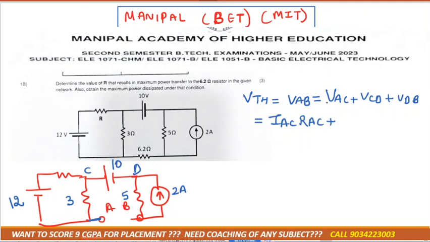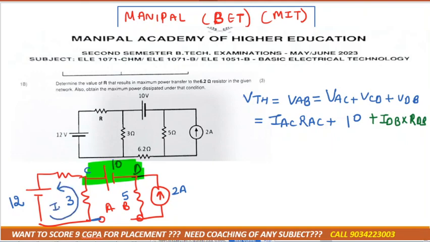VCD is how much? 10 volt. They have already given that the voltage across C and D is 10 volt. And VDB is how much? That is IDB multiplied by 5. Then IAC, as you are moving from A to C, the current should also move from A to C, and as you are moving from D to B, the current should also move from D to B.